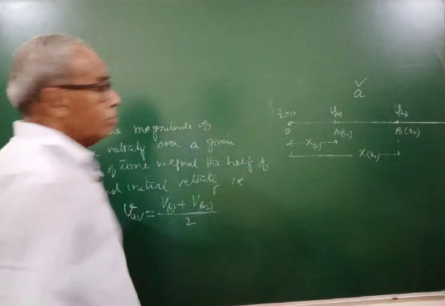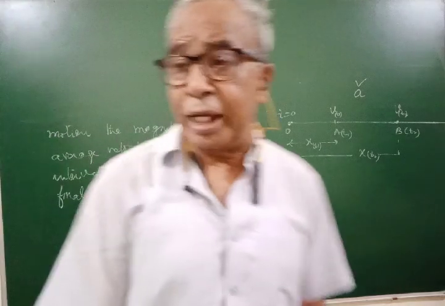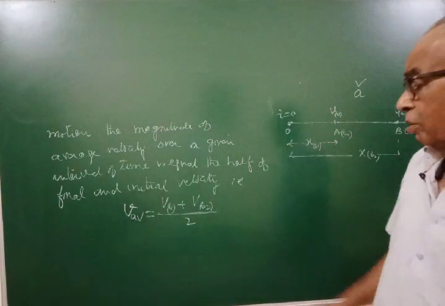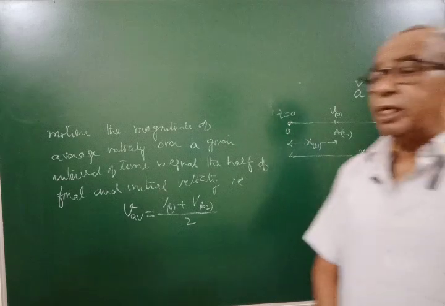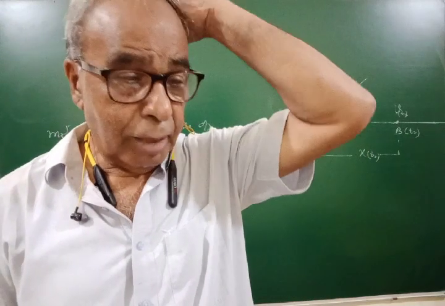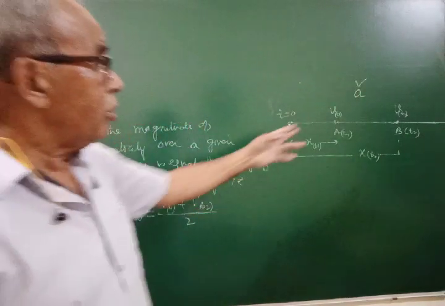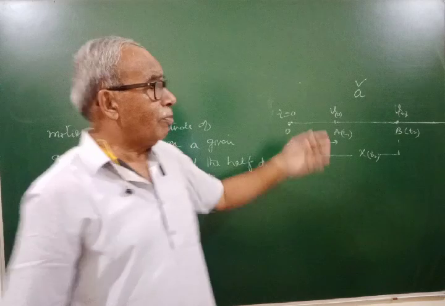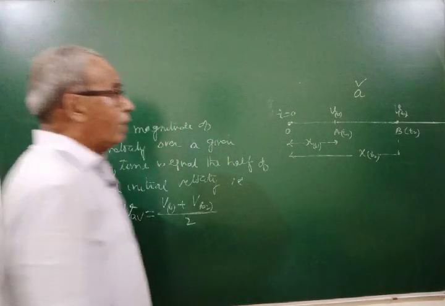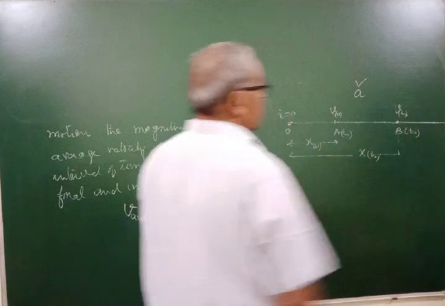So actually, the basic concept of finding distance is distance equal to speed multiplied by time, or velocity times time. So here the problem was that velocity is increasing with time. Which velocity do we take to find this distance AB?